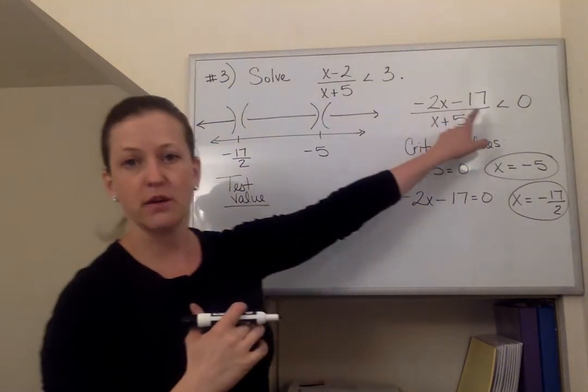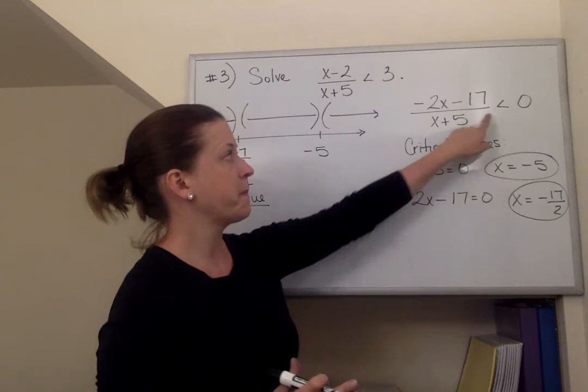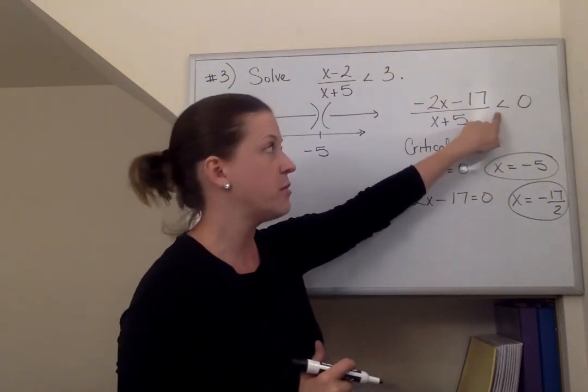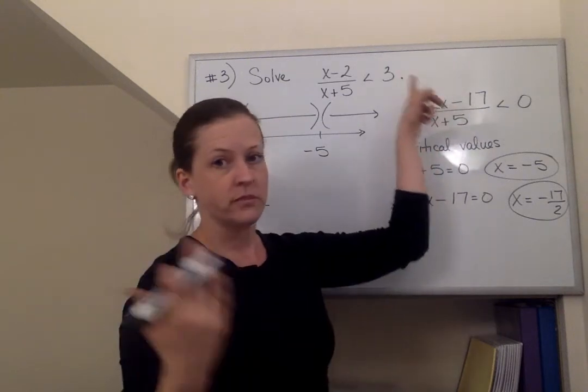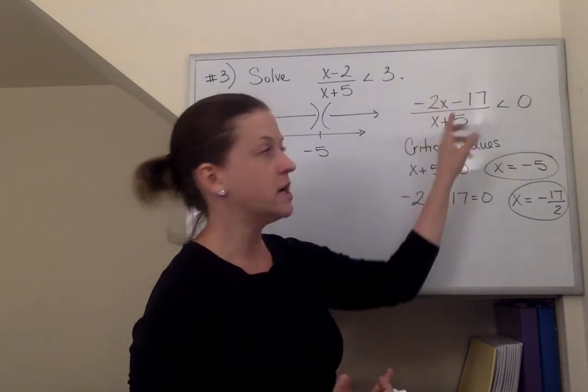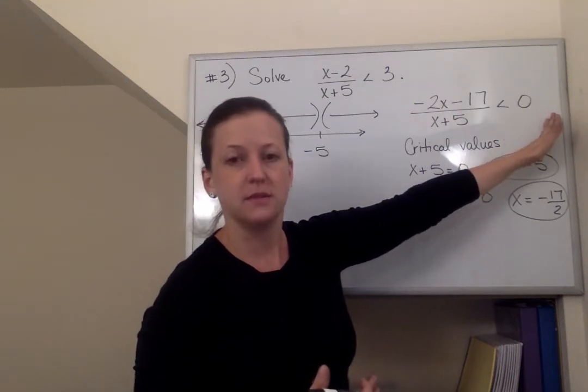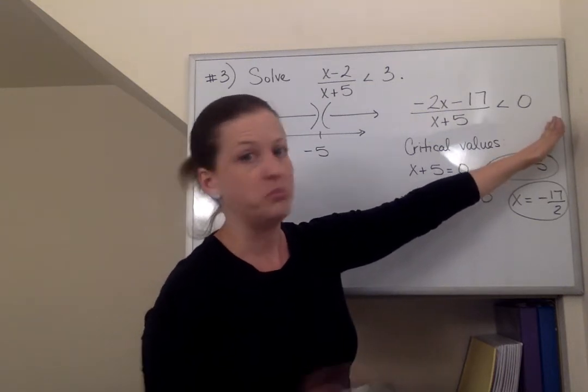What I'm looking for in this problem is, is this inequality true? So in other words, if I plug in, say, 1 or whatever, is my inequality going to be less than 0? Is that going to actually work?